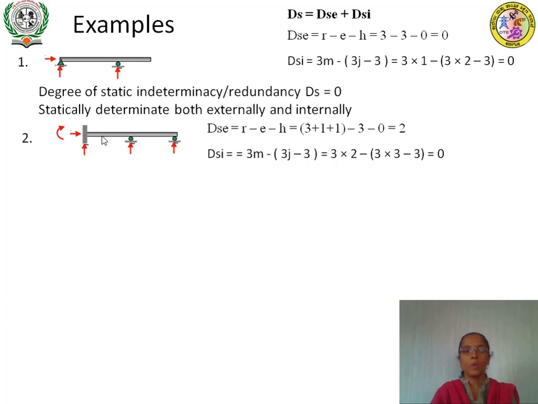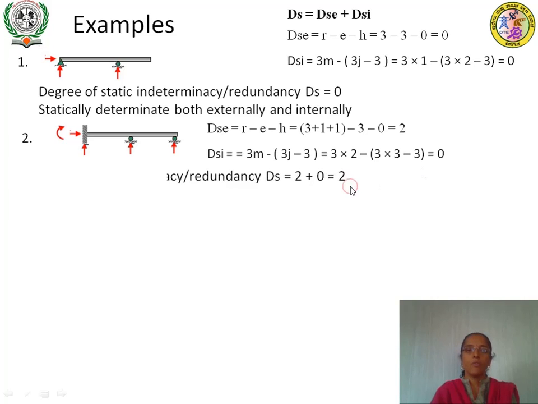3 into 2 members, 1 and 2, 2 members are there. Minus 3 into the number of joints, which are 3: 1, 2, 3. 3 into 3 minus 3. If you simplify it, it will be 0. So now this is externally indeterminate and internally determinate.